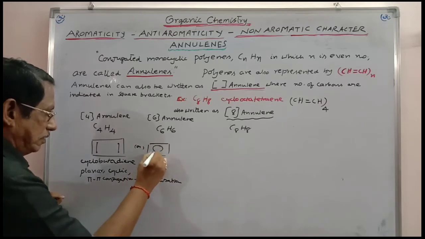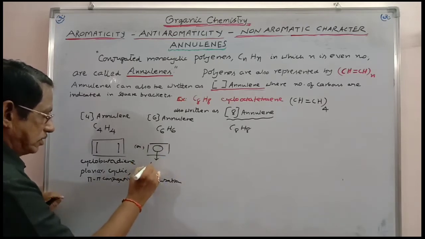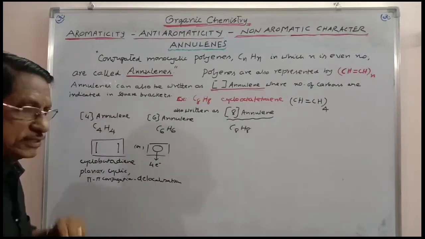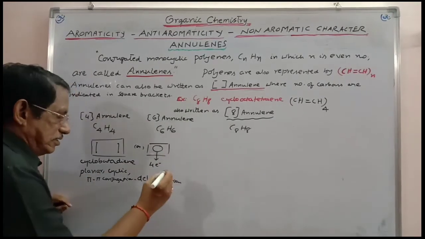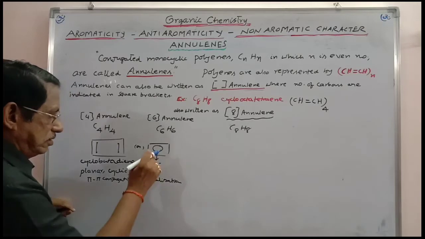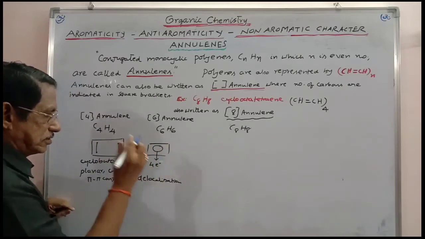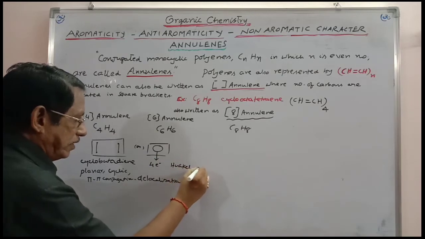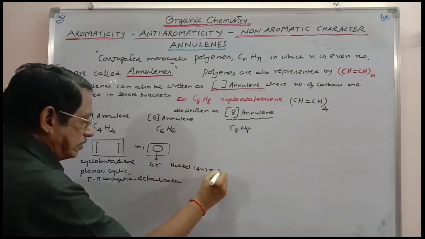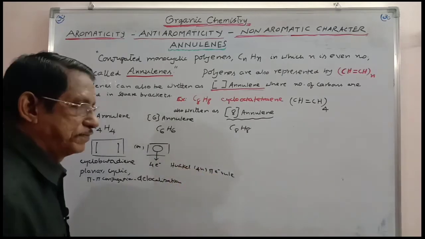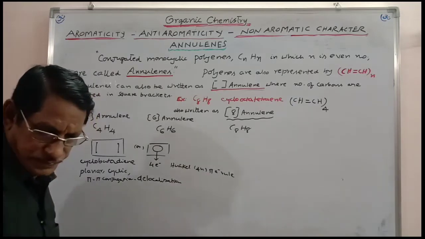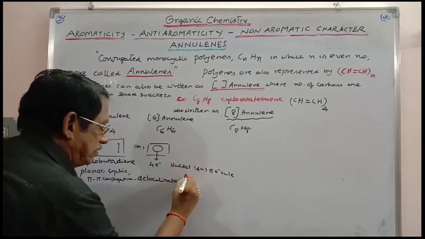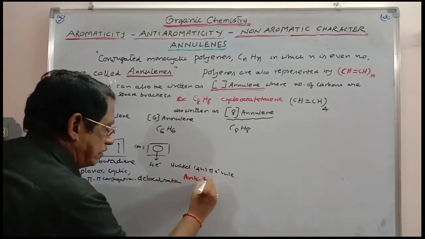This contains a delocalized electron cloud which is containing 4 electrons. As the delocalized cloud is containing 4 electrons, it satisfies Huckel's 4n pi electron rule. So automatically you can say that this is anti-aromatic.